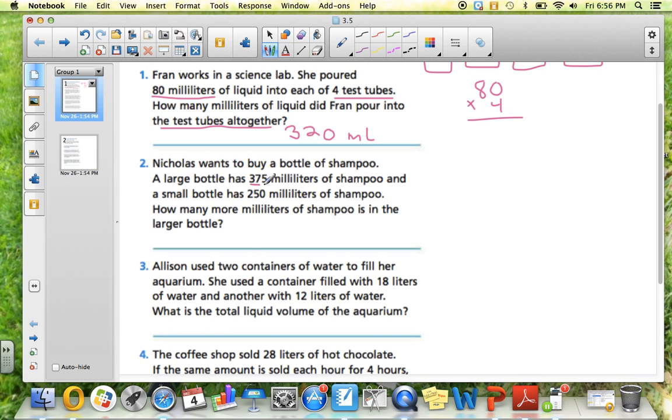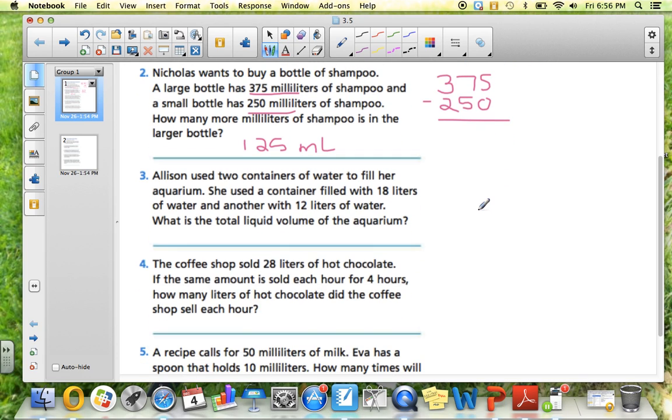So for us to find the difference, we have to take the bigger bottle, which is 375, and subtract the smaller bottle, and that will give us the difference. So how much more is in the larger bottle? And the answer is 125 milliliters.